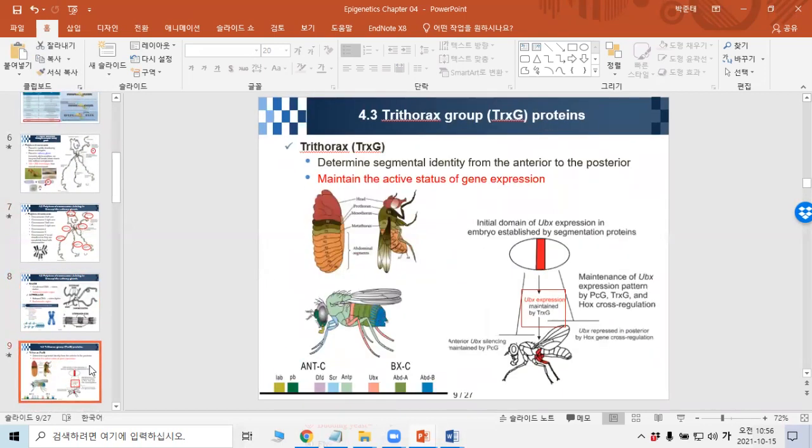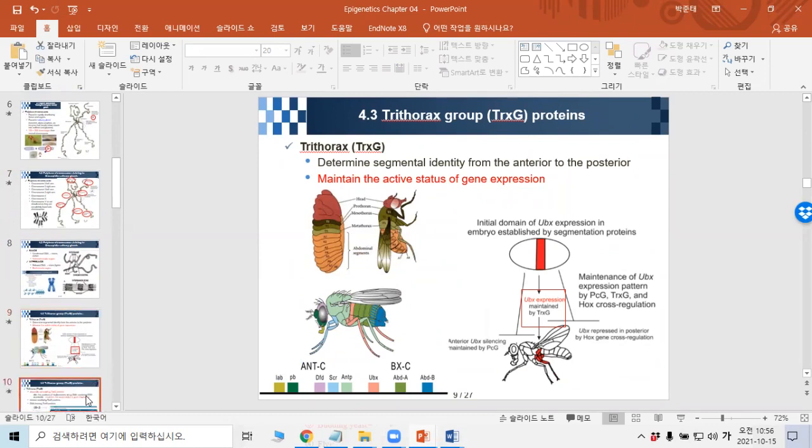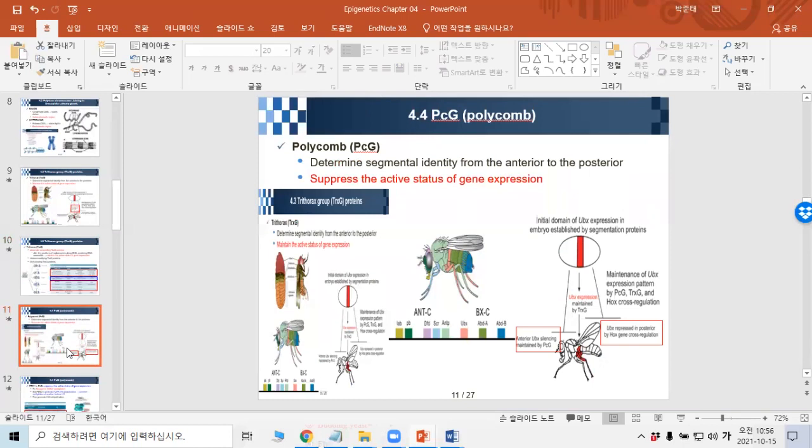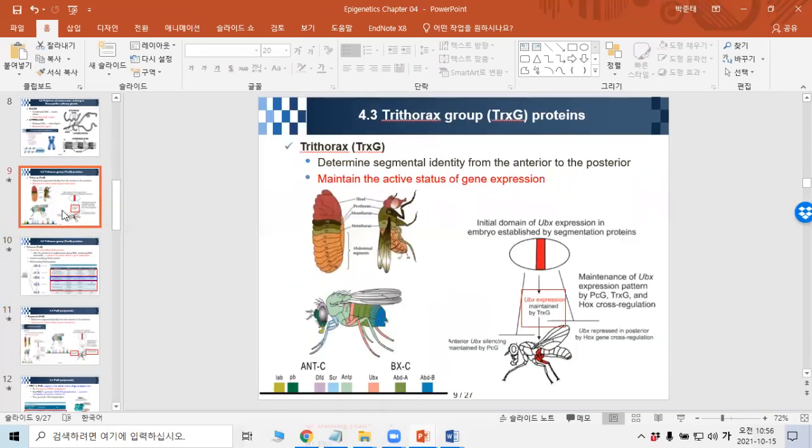Okay, and also we cover TrxG and also Polycomb genes. The main function of TrxG genes: some Hox genes, for example Ubx, is a kind of Hox gene.